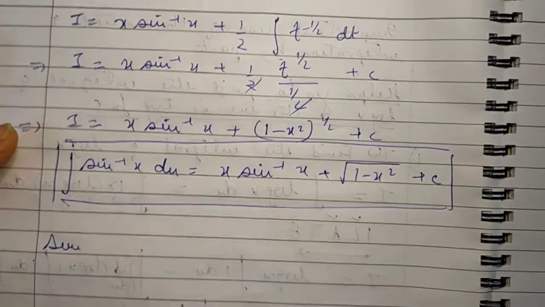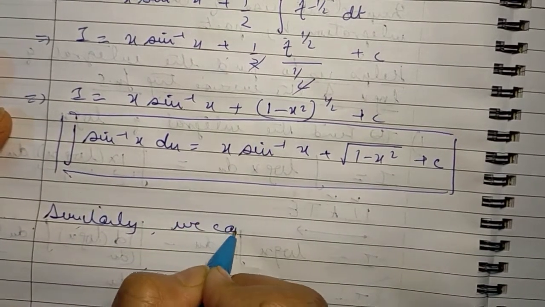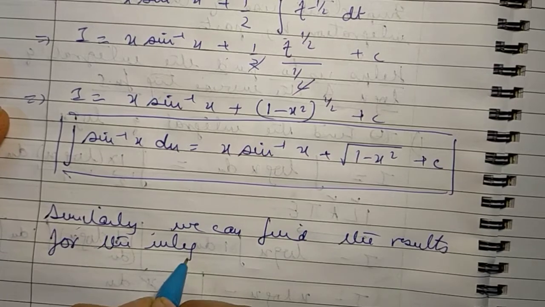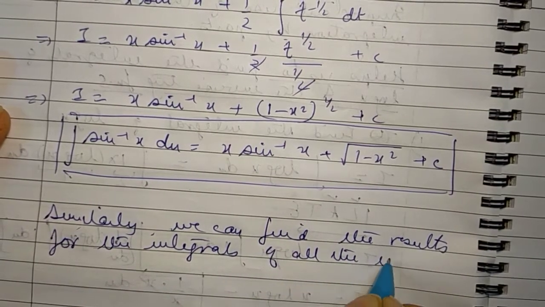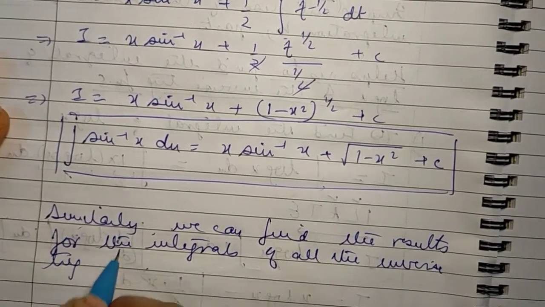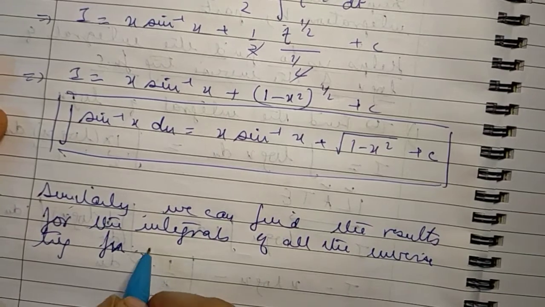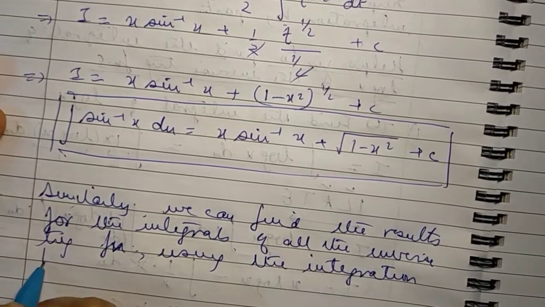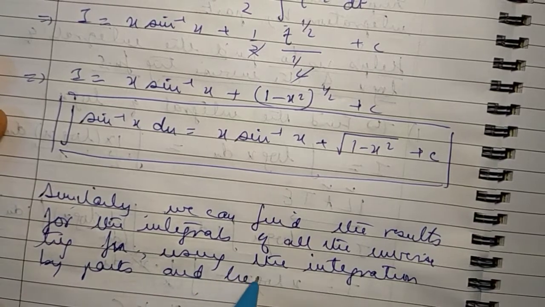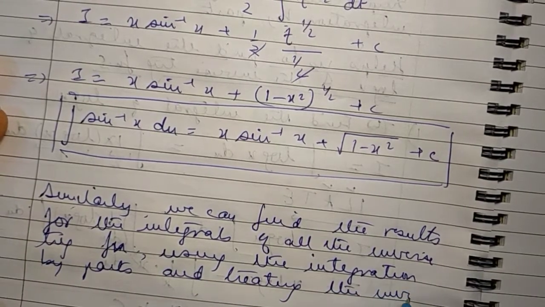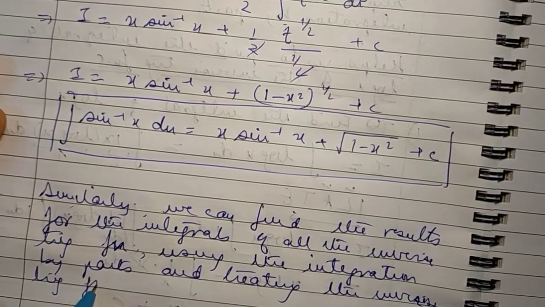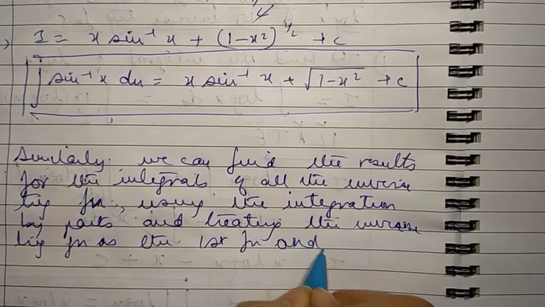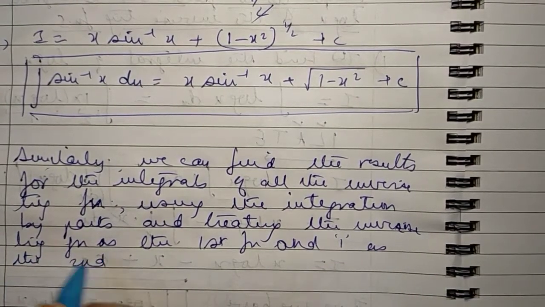So similarly we can find the results for the integrals of all the inverse trigonometric functions using the method of integration by parts and treating the inverse trigonometric function as the first function and 1 as the second function.